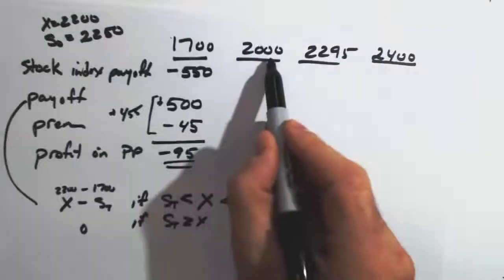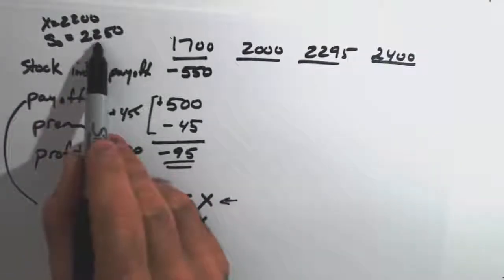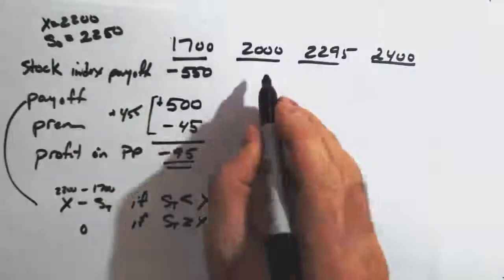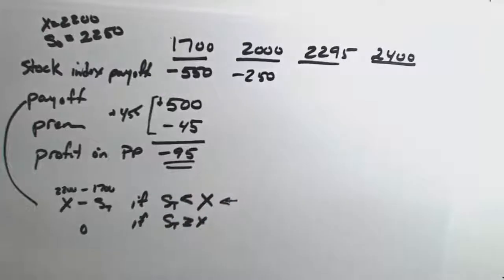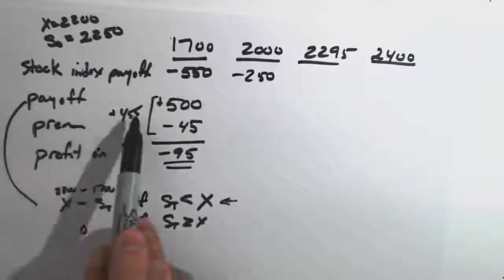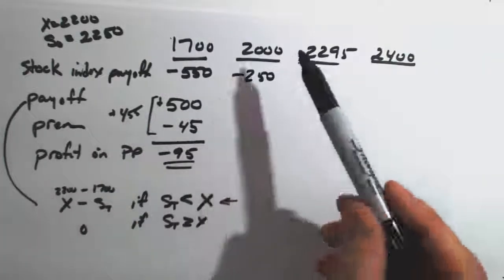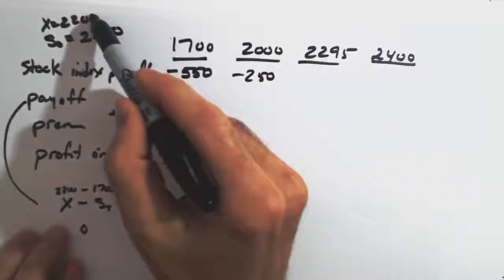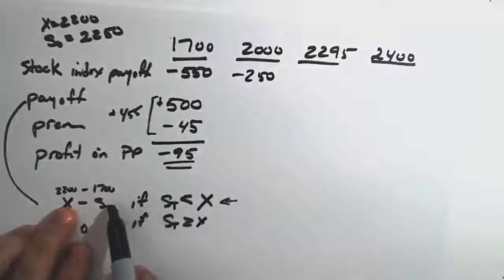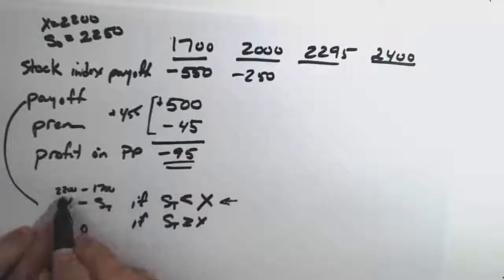Now let's do the scenario of 2,000. Well, if we started off at 2,250, it goes to 2,000. We lost 250. Now let's do the payoff to the option. So we are at 2,000, which is $200 below the strike. The strike stays the same.